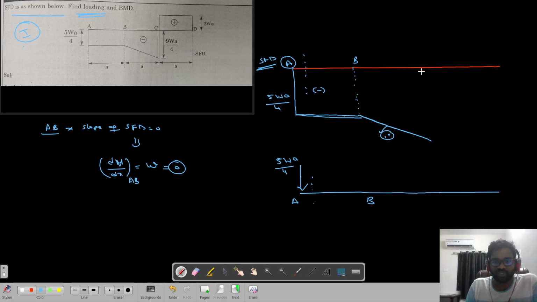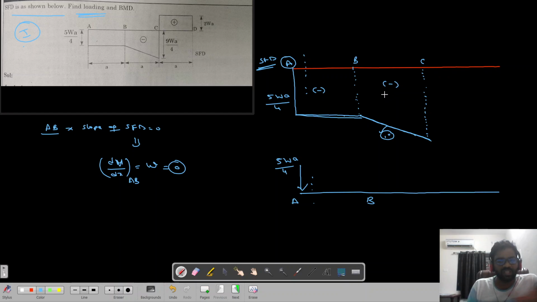From B to C, the shear force value is gradually decreasing, in the sense that in the negative direction it is increasing. So the slope of the shear force diagram from B to C will give you the load intensity acting at that point.